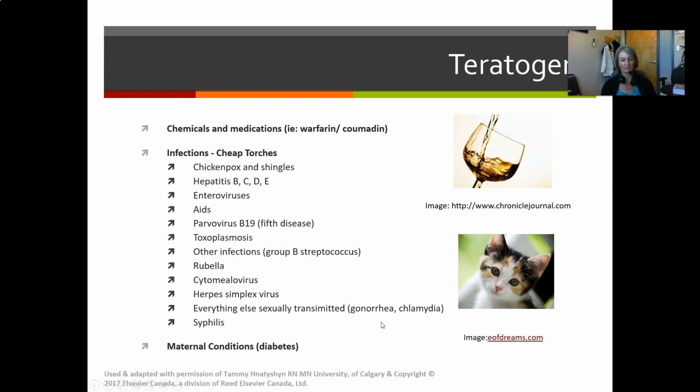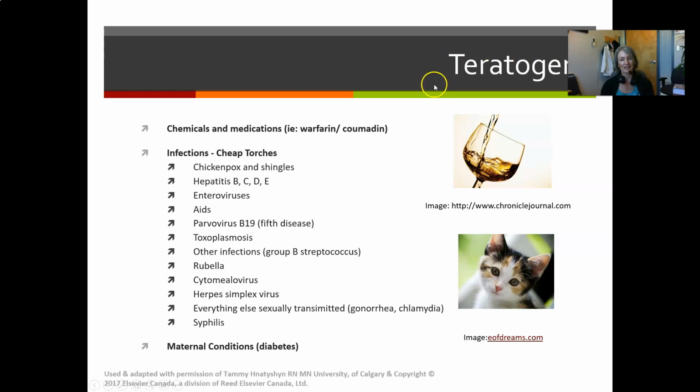All right. And what are some of the things that can impact the fetus? When we're talking about preconception, evaluating, screening and testing for different things, we're certainly looking at teratogens. So I'm going to ask you, what is a teratogen?